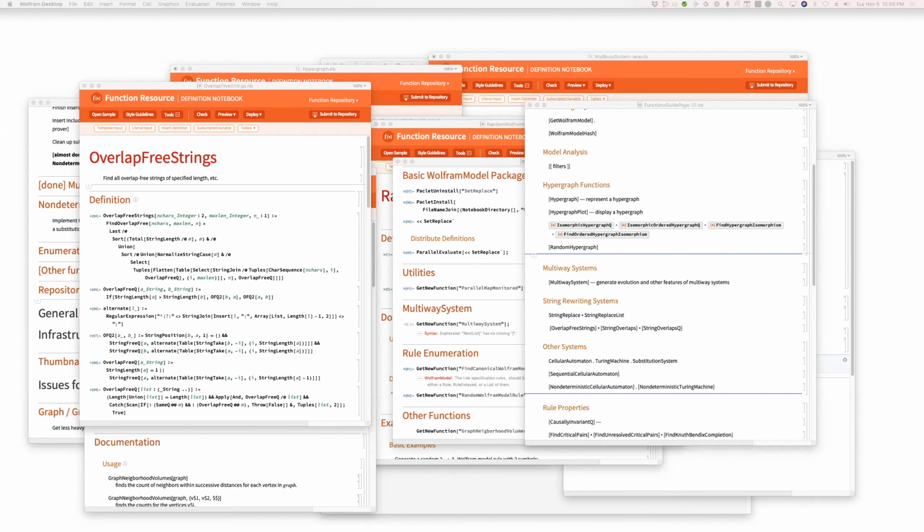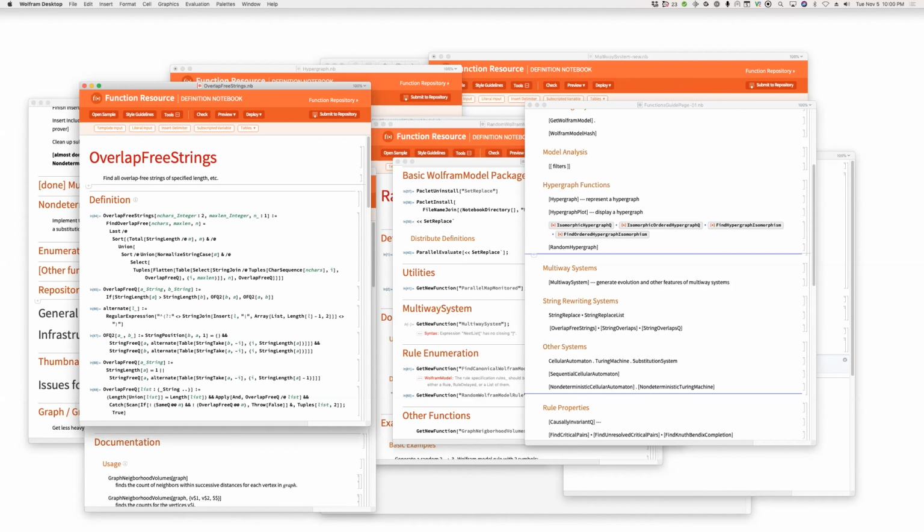Which one is the most recent documentation? Well, I think it's in the code development. Okay, fine. So then let's put that into the function repository, so that we keep it in a consistent place.